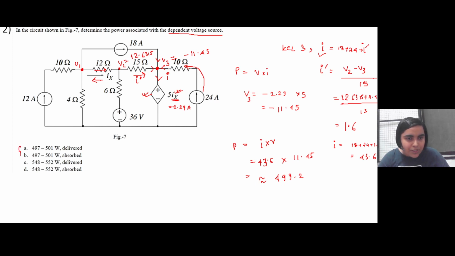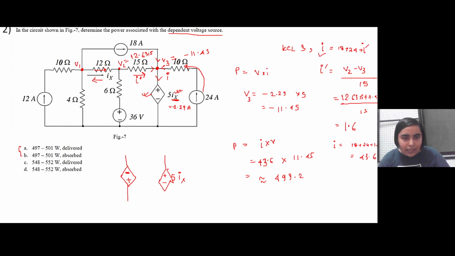So we have two options that are within the range of our result. Now we have to find whether it is absorbing power or delivering power. Initially it was positive this side, negative this side, 5 ix. Now we find out that ix is negative, right? That means the direction of ix is different. So in reality the positive side will be here and the negative side will be here if we take the correct direction of ix.